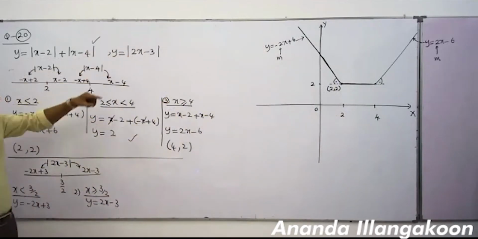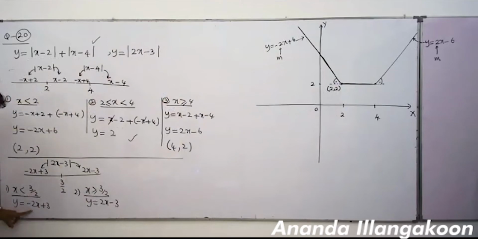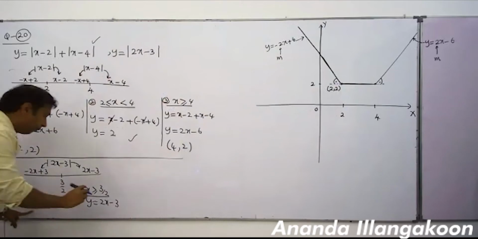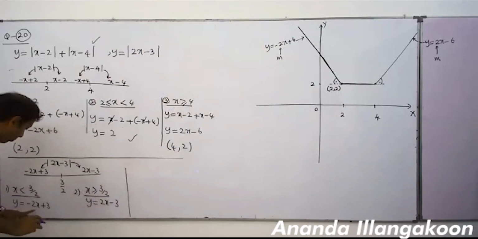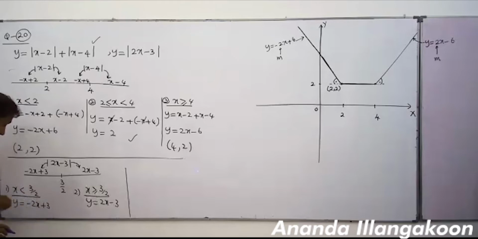Now this one, 2x minus 3. We need a point. How to find the first point? Put x equals 3 by 2. When you put 3 by 2, this will cancel off. Minus 3 plus 3. Correct, no? When you put 3 by 2 here, 2 and 2 you can cancel. The minus 3 plus 3 gives 0.